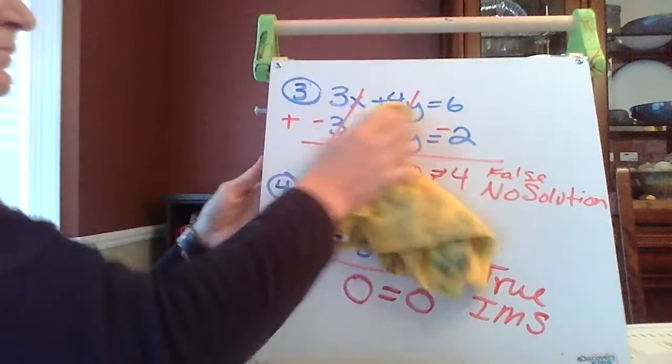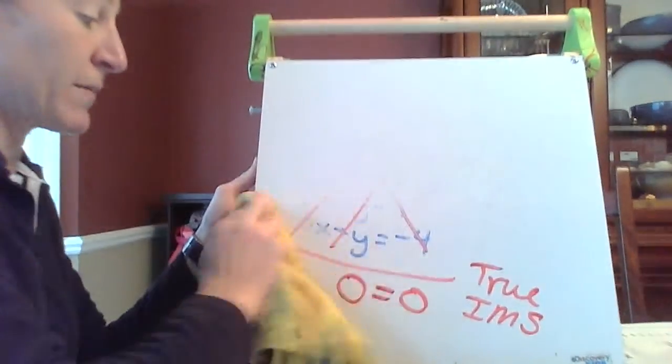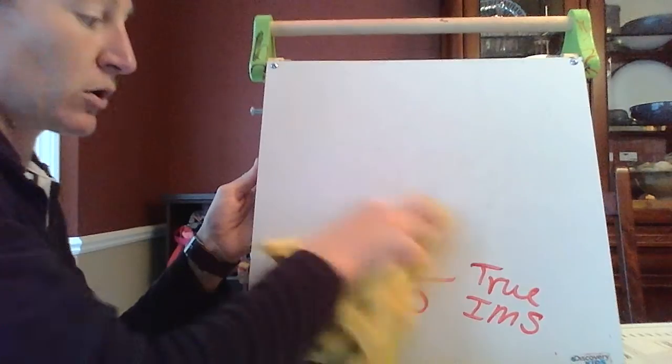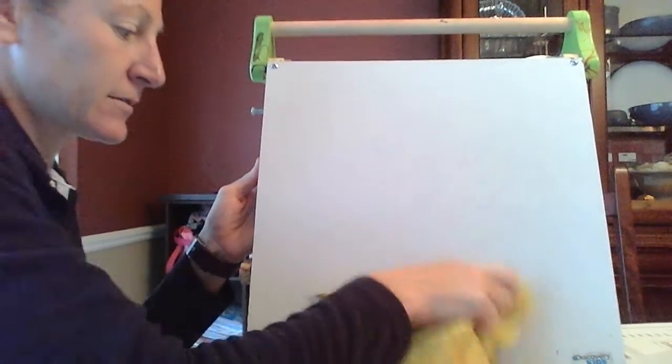All right, now, like I said, those are pretty easy to cancel out the variables, but they don't always happen that easily. So let's look at next. Our next 2 equations are slightly different.